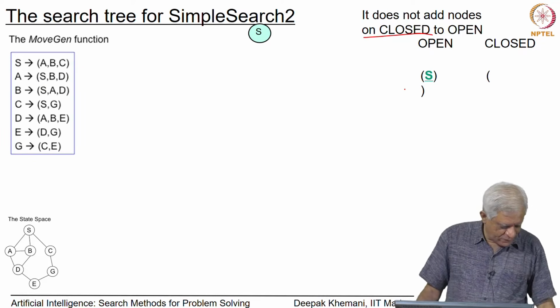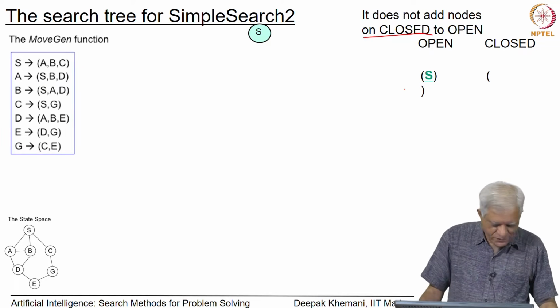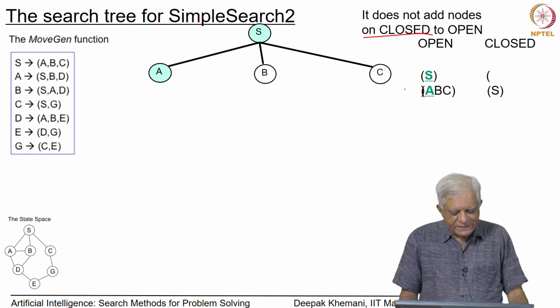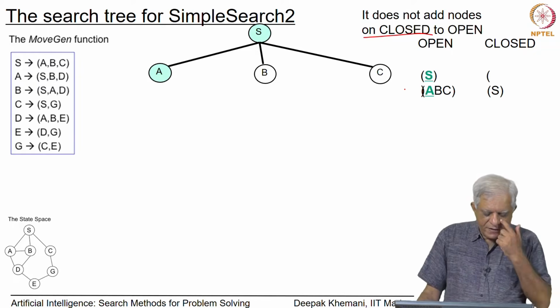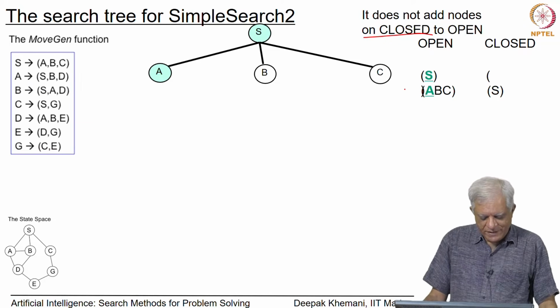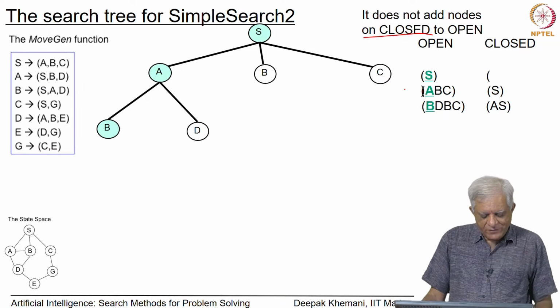This bracket has overflown to the next line, but that should not bother us. Then we generate as before the children of S, which are A, B and C, and as before let us assume that we pick the node A and we generate the children of A essentially.